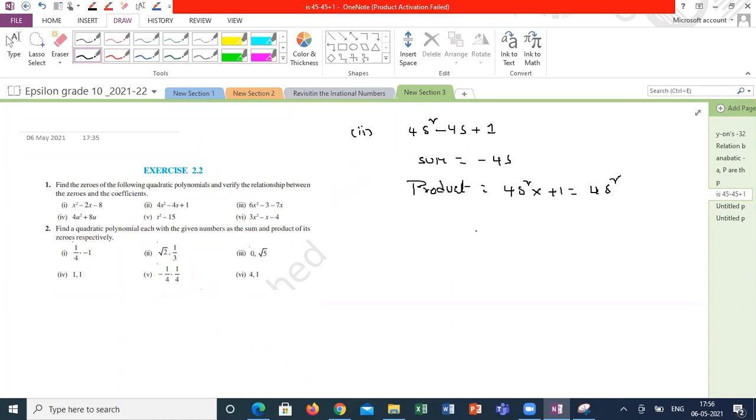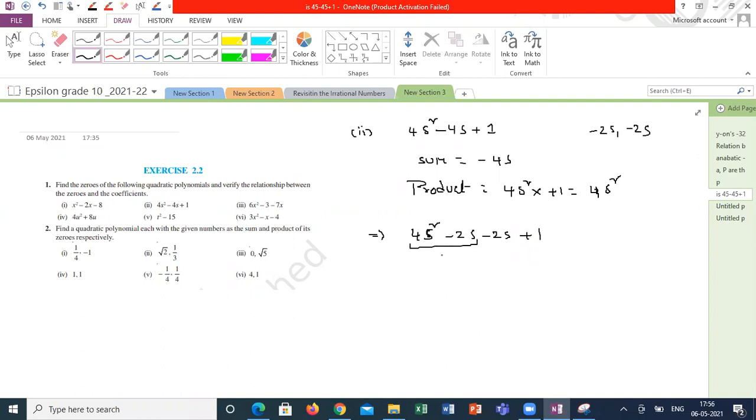So which combination will give the sum minus 4s and the product 4s square? Anyone? Sir, minus 2s plus minus 2s. It's minus 2s comma minus 2s is the split.